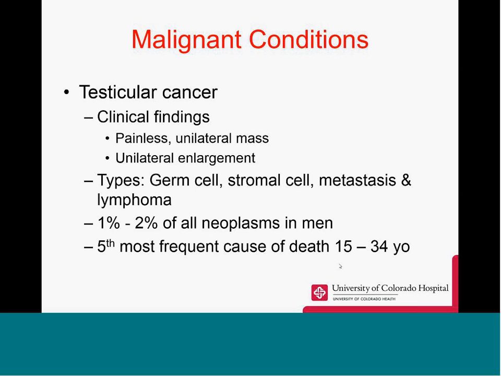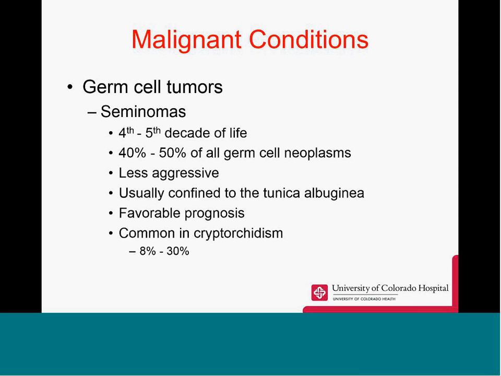Most primary testicular tumors are often germ cell origin and are generally malignant. 60% are of one histological subtype, and others are of two or more. Seminoma is going to be your most common germ cell tumor, occurring in the 4th to 5th decade of life.